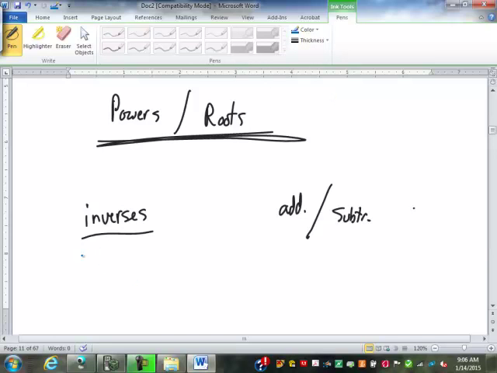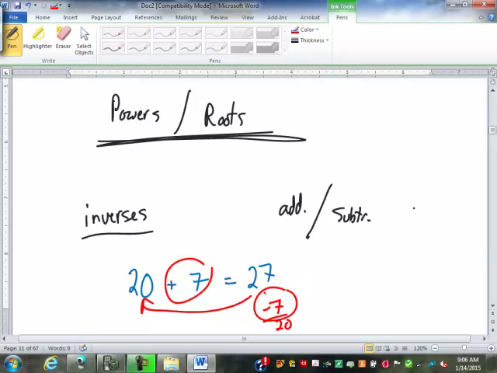Somebody give me a number between 10 and 20. 20? Let's say I'm going to add 7 to it, what do I get? 27. What if I want to get back to 20? What do I have to do? Subtract 7. Good. Adding and subtracting are inverses. If I add a number and then I subtract the same number, it takes me right back where I started.